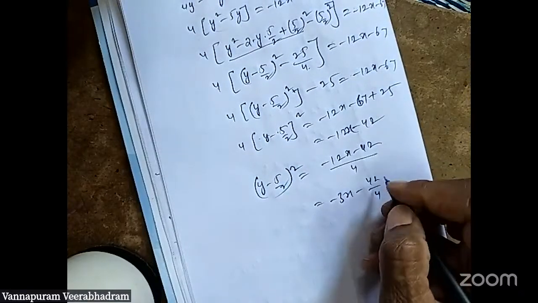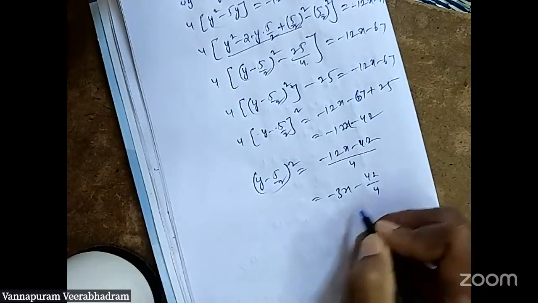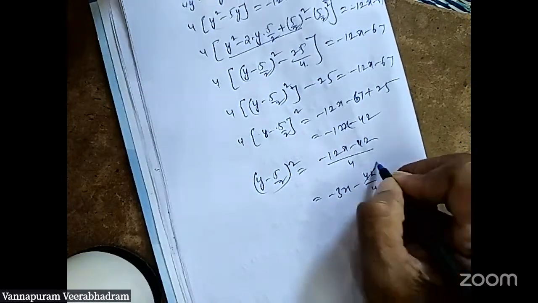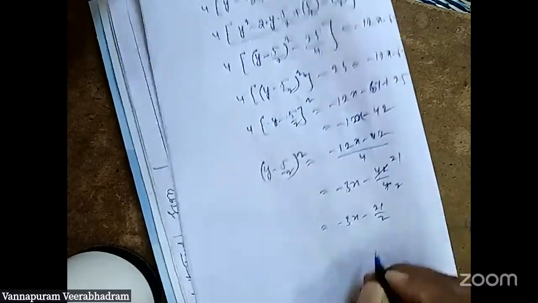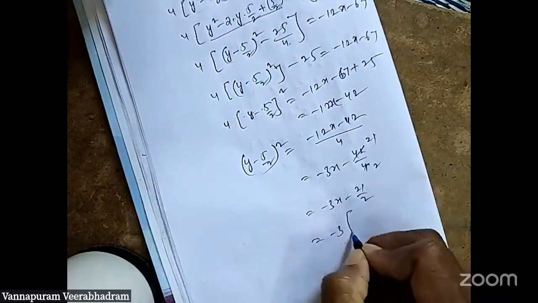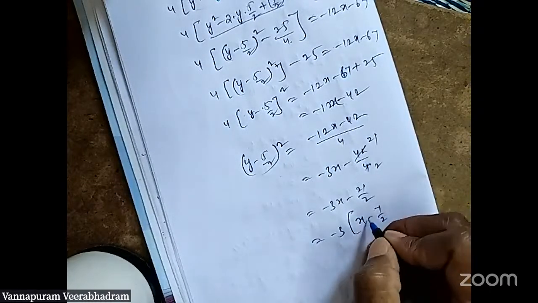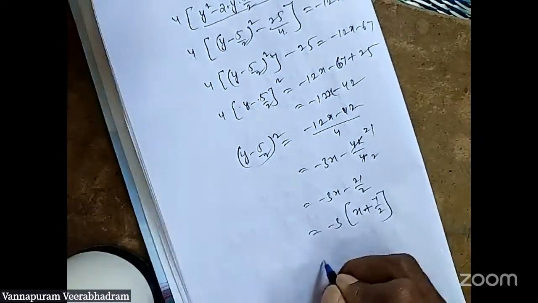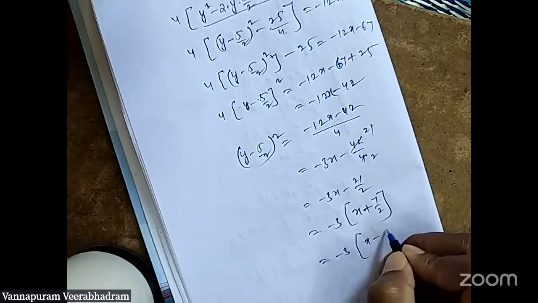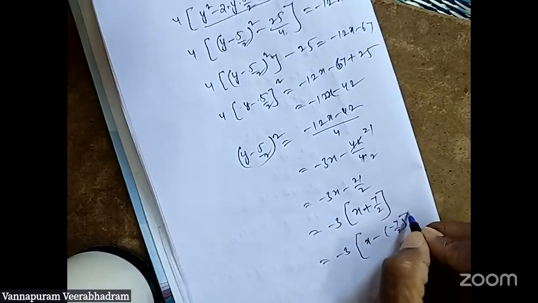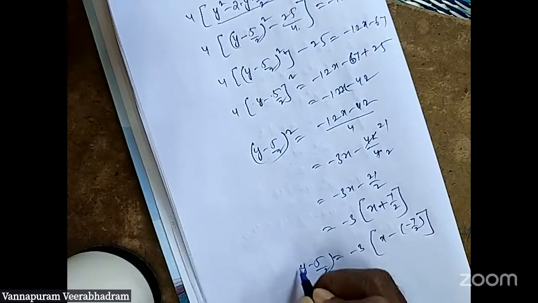Here we will get minus 3x minus 21 by 2. Here take minus 3 as common. We will get x plus 7 by 2. So minus 3 into x plus 7 by 2, with the left side y minus 5 by 2 whole square.